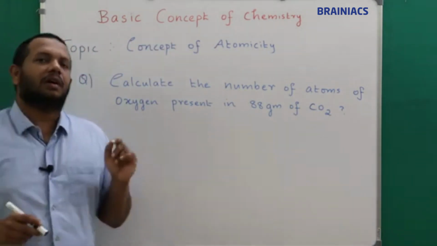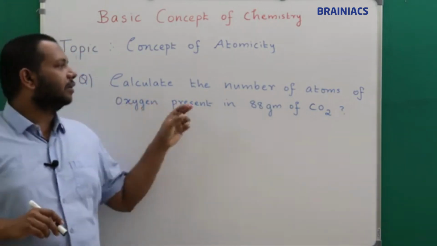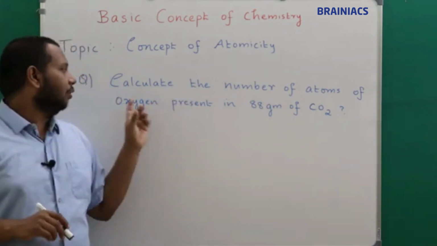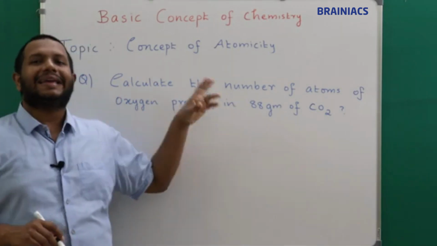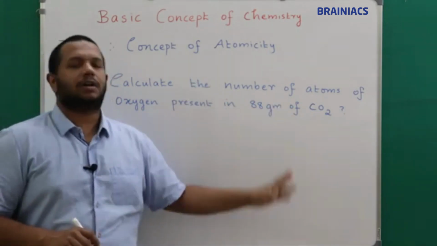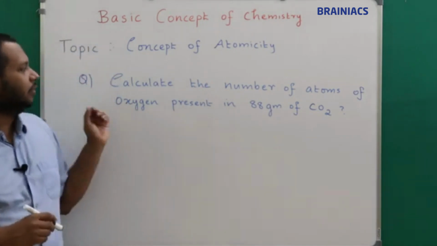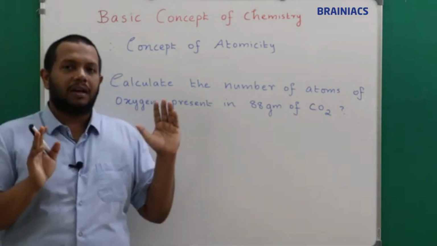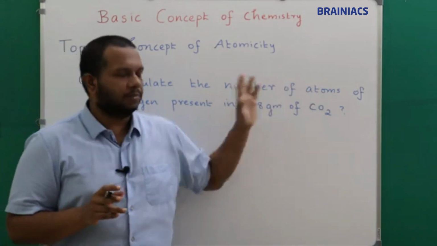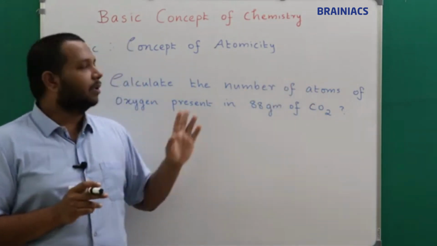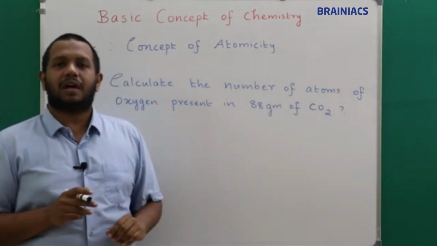So listen here, now read the question. Calculate the number of atoms of oxygen present in 88 gram of carbon dioxide. Now if you analyze this question, they are asking you the number of atoms, but have they given atoms?